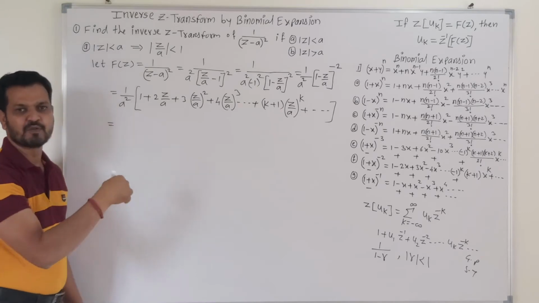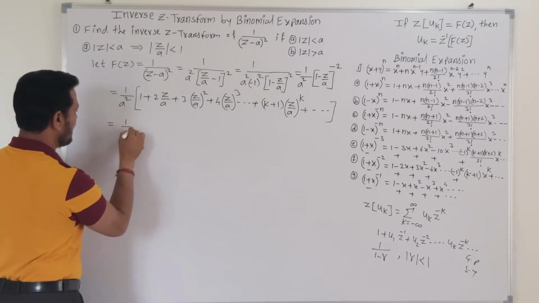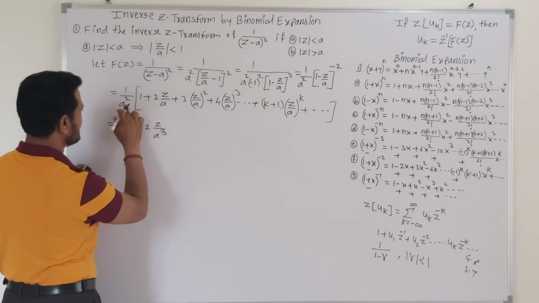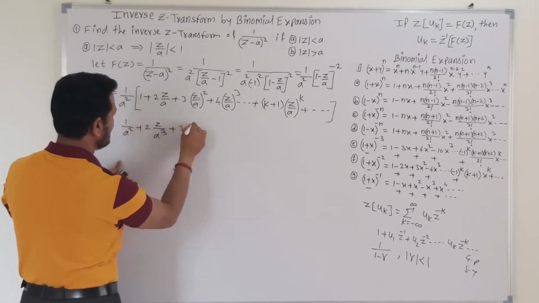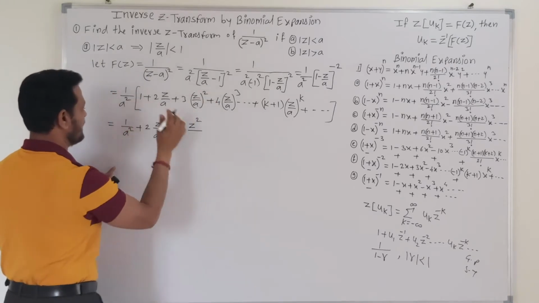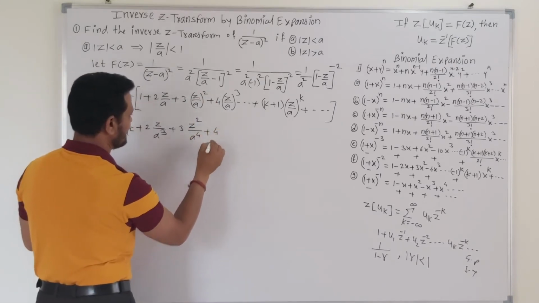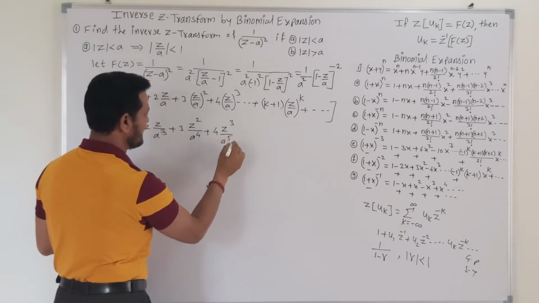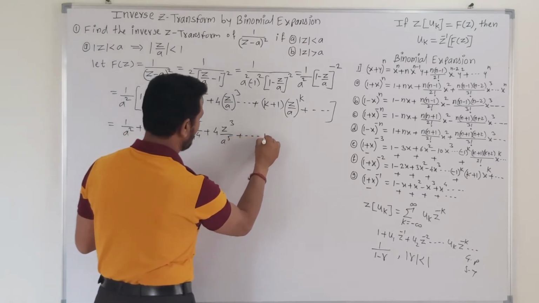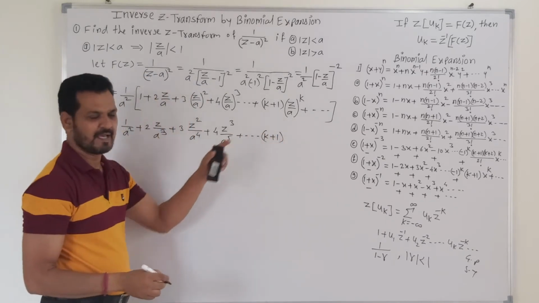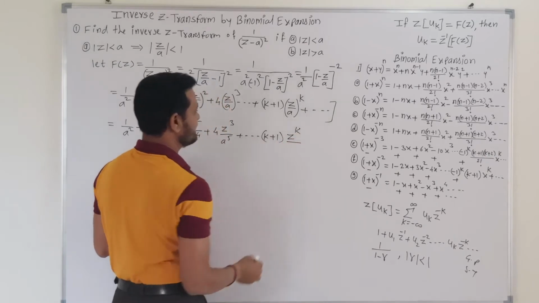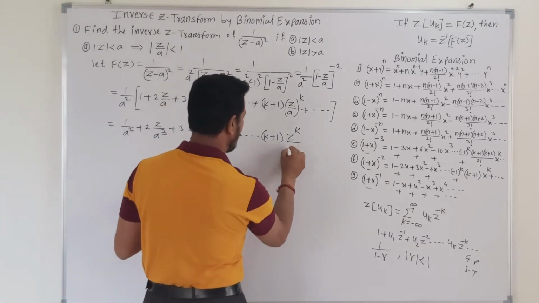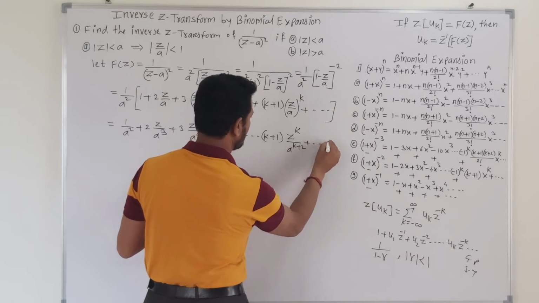Now take this 1 upon a square to the inner side, we get 1 upon a square, plus 2 times z upon a cube, so this is a square into a cube, plus 3 z square upon a square into a square, we get a raised to 4, plus 4 times z cube upon a cube and a square, we get a raised to 5, plus and so on, we get k plus 1, this term as it is, then z raised to k also as it is, divided by a raised to k and a square, so we can write this as a raised to k plus 2 and so on.